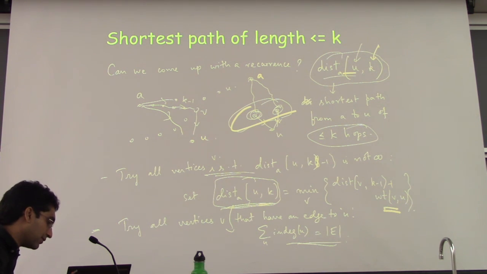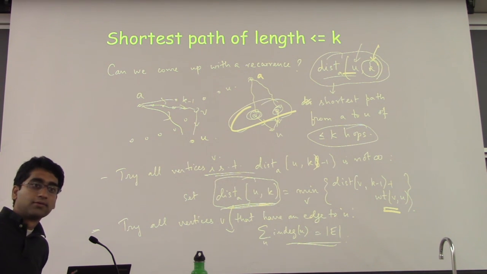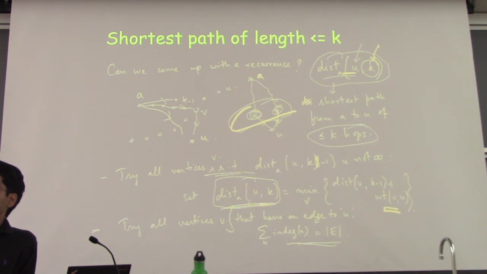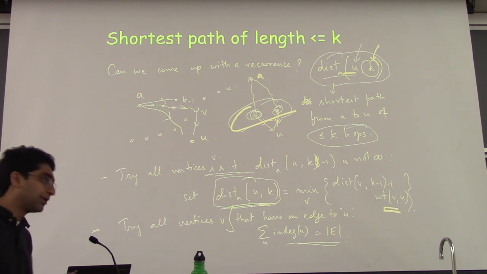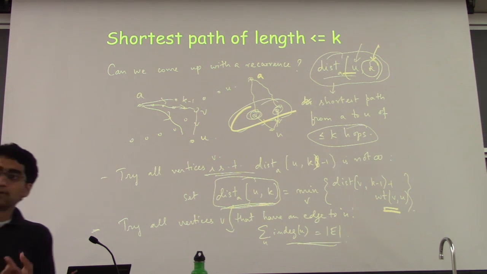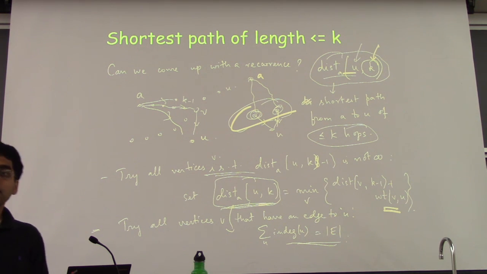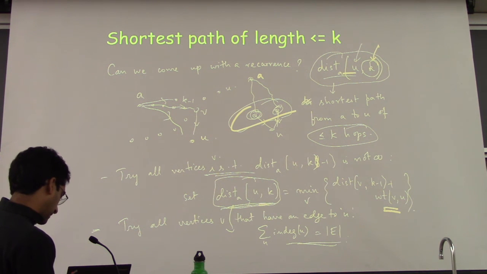So that's like saying k essentially tends to infinity. But we said some time ago that, assuming there are no negative weight cycles, you can assume that k is at most n. So this is all there is. So it takes time n times size of E.